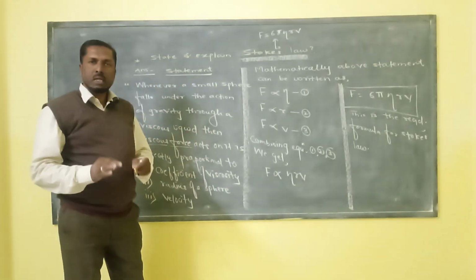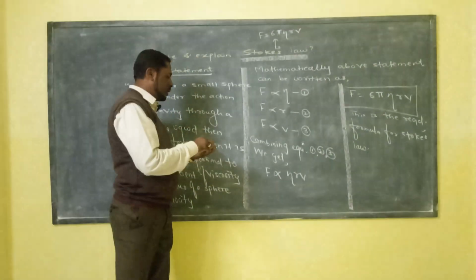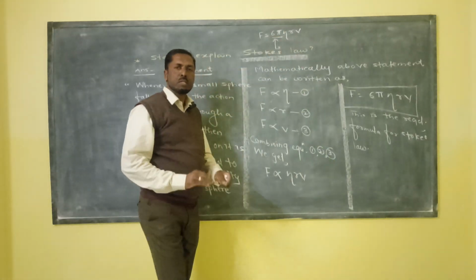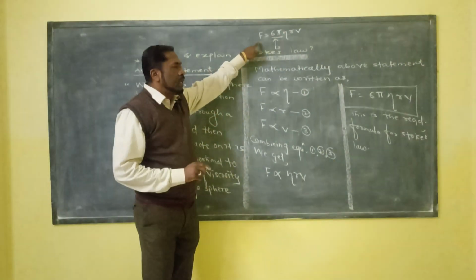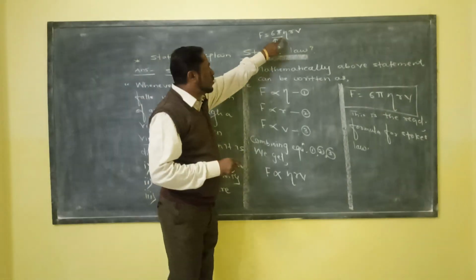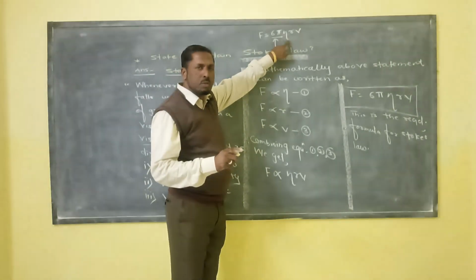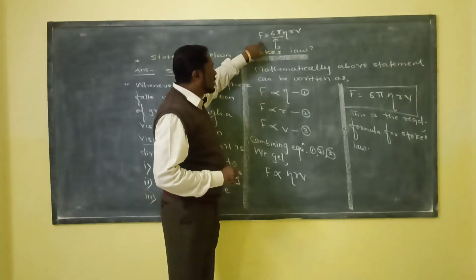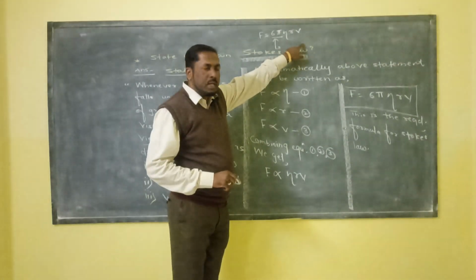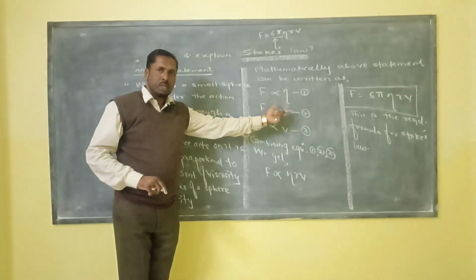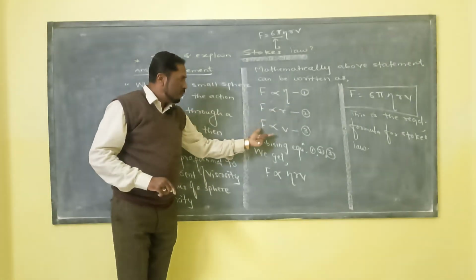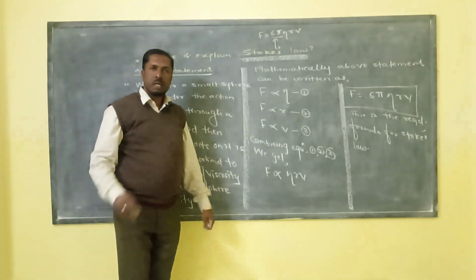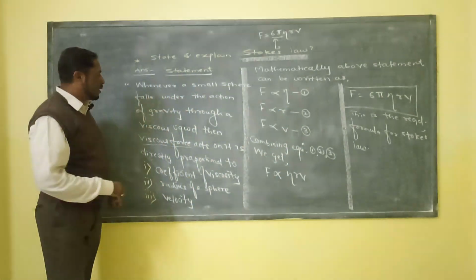As soon as you hear Stokes' law, recall that F is equal to 6 pi eta RV, where 6 pi is the constant factor. F is the viscous force, directly proportional to eta, the coefficient of viscosity, to radius R, and to velocity V. So F proportional to eta, F proportional to R, F proportional to V. Combining 1, 2 and 3, we get F is equal to 6 pi eta RV.